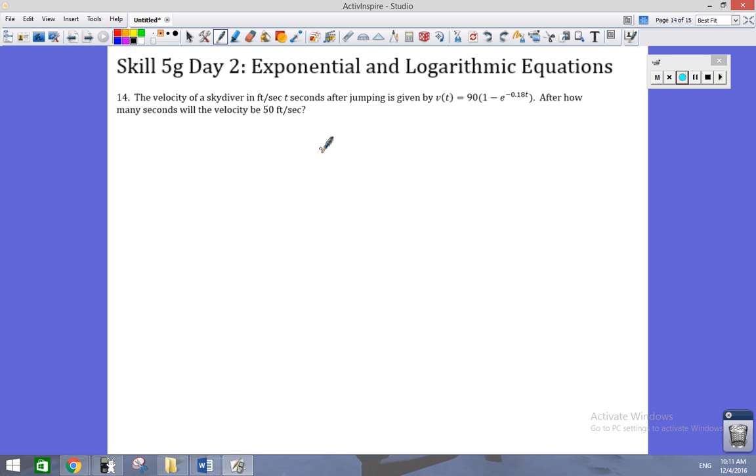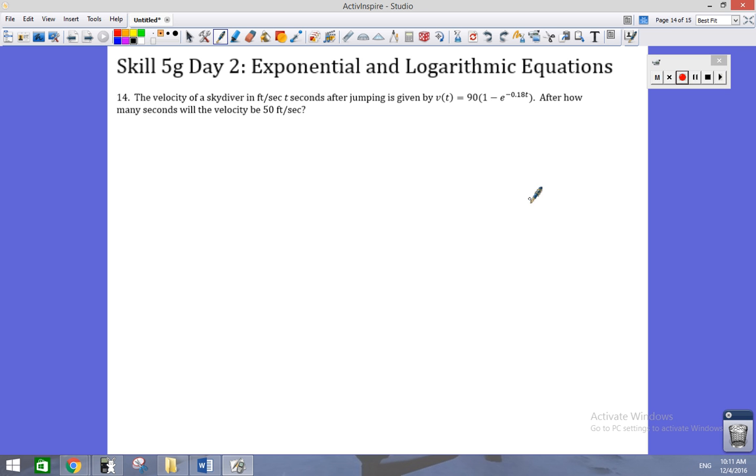So, when you jump out of the airplane at t equal 0 seconds, the velocity of the airplane just as you're jumping, if t is 0, 1 minus 1, well, that doesn't make any sense.